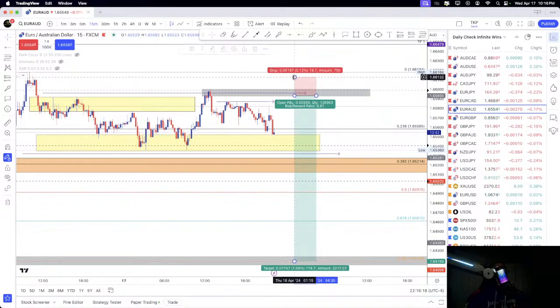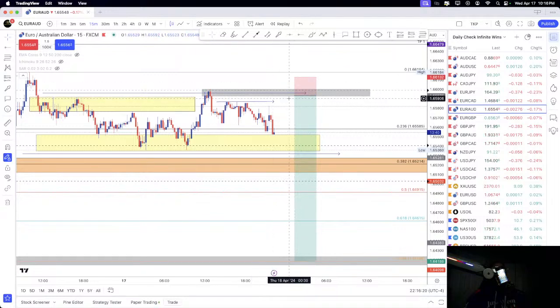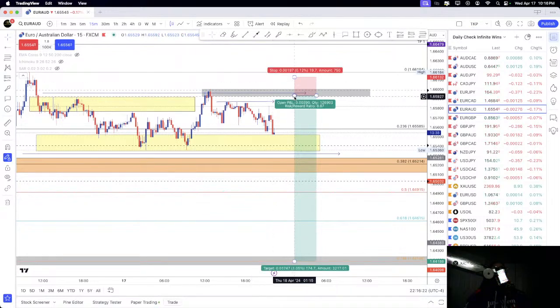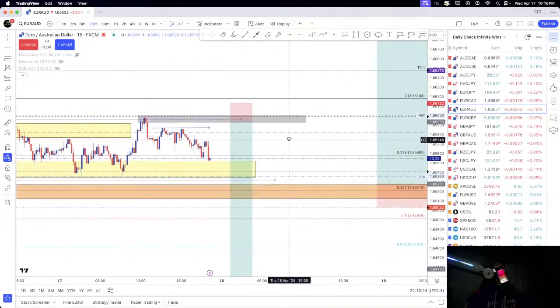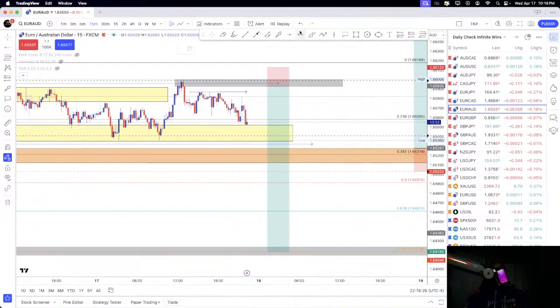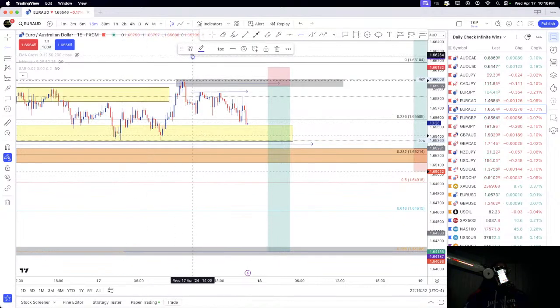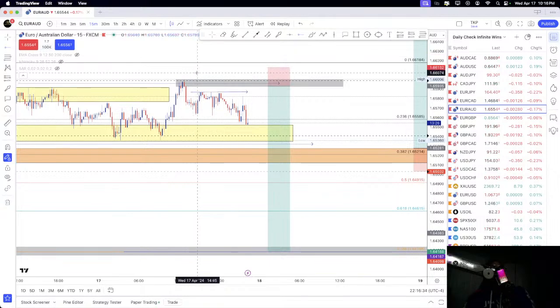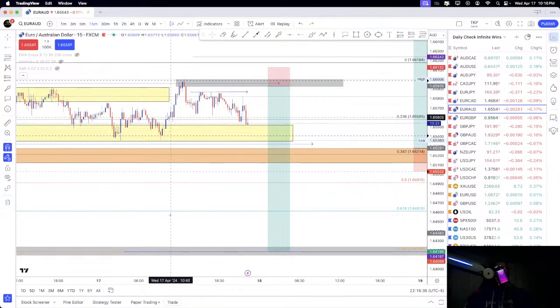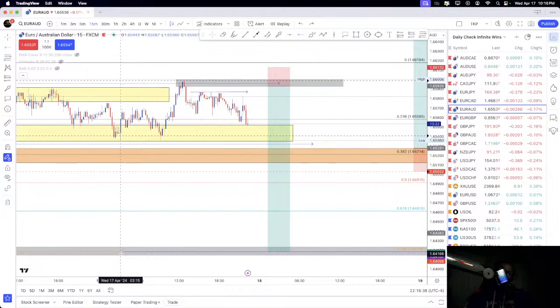Yeah, let's put that stop loss up there. Okay, I can actually place these TPs without those other ones being in the way.